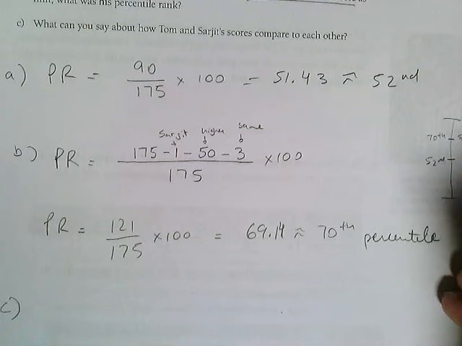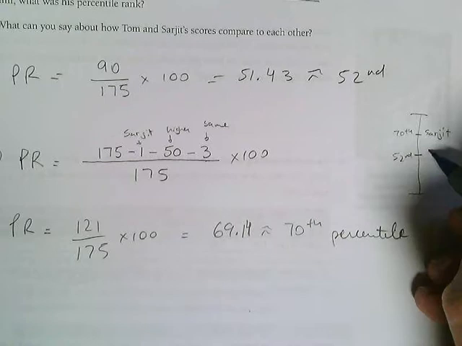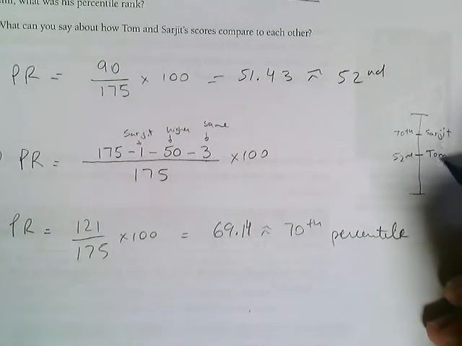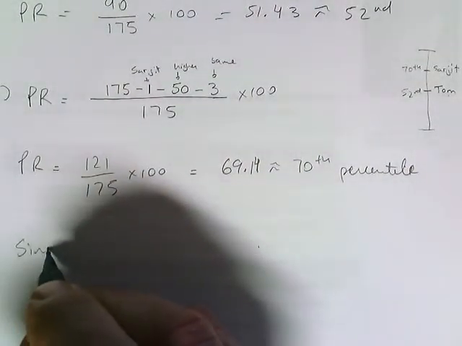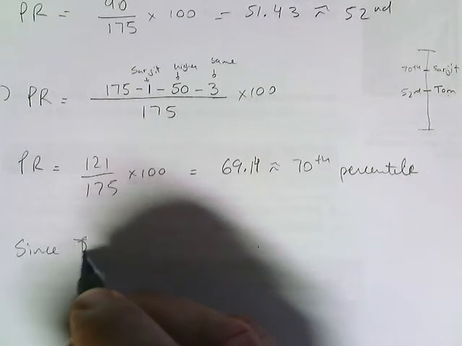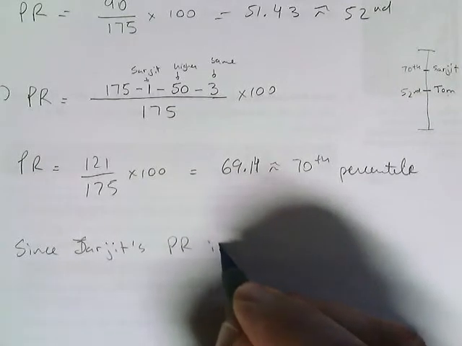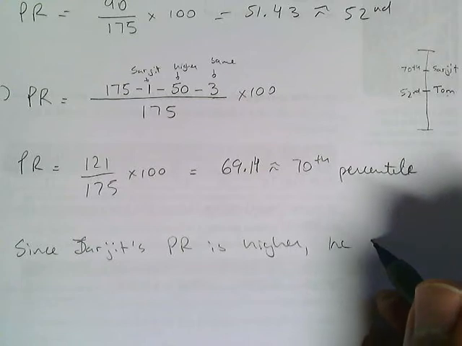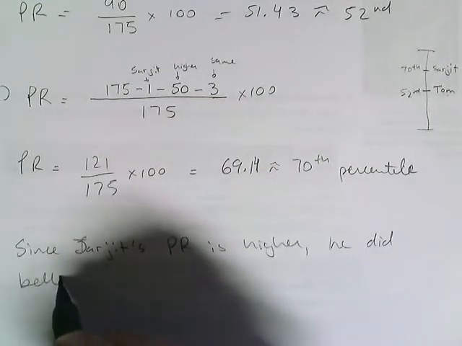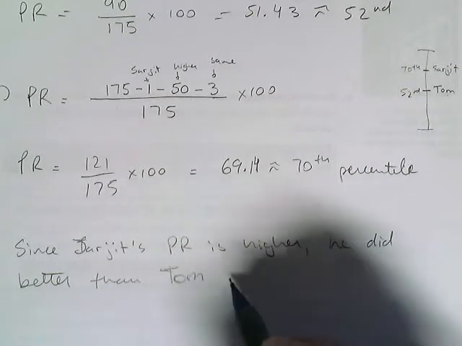So Sarjeet, sorry, it's Sarjeet, and the other name was Tom. Sarjeet did better than Tom. Okay, we can definitely say that since Sarjeet's PR is higher, he did better than Tom overall.